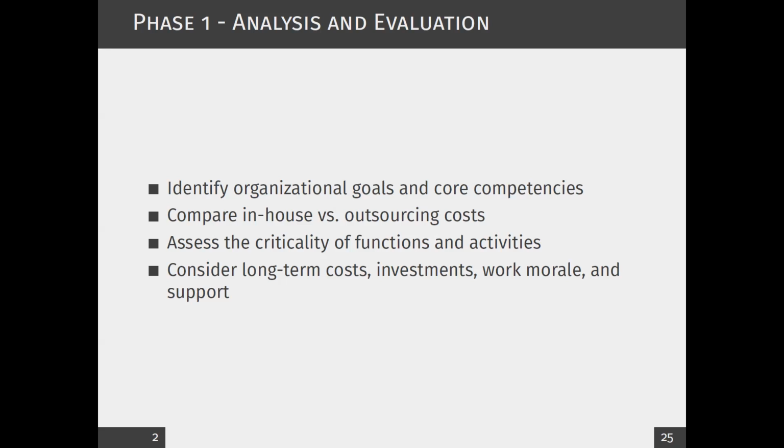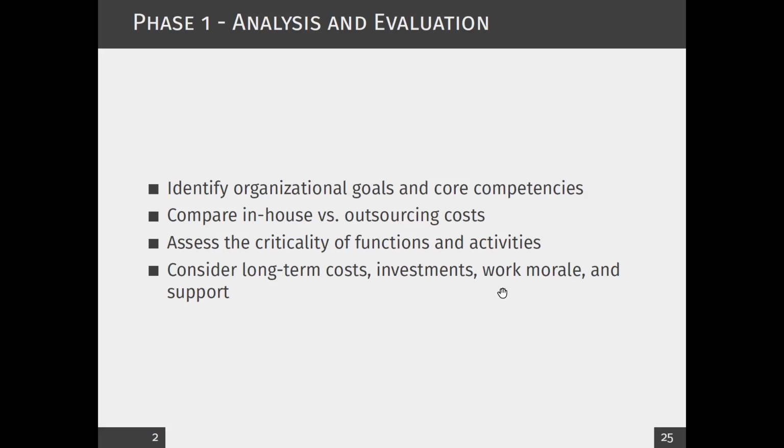Sometimes we call it service cost, which may be like every year you have to pay for a student, for example, right? So you have to think about these long-term cost investments and work morale and then the support. So these things should be considered during phase number one, that is analysis and evaluation.